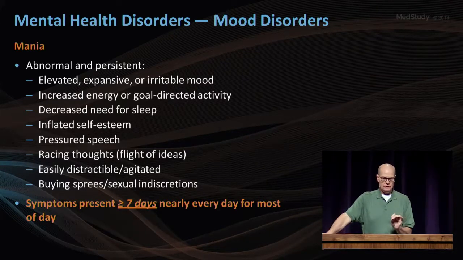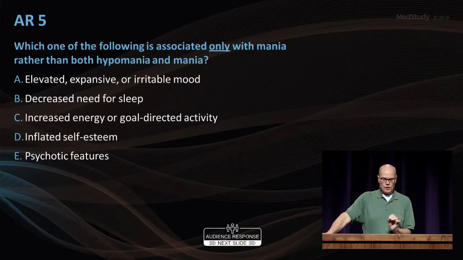By definition, and this is important because this will help you differentiate mania from hypomania, these symptoms have to be present for at least 7 days for the majority of the day. So, which one of the following is associated only with mania rather than with both hypomania and mania? So, specific to mania, which one of these 5?